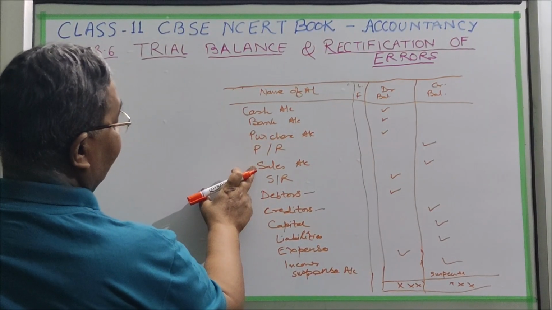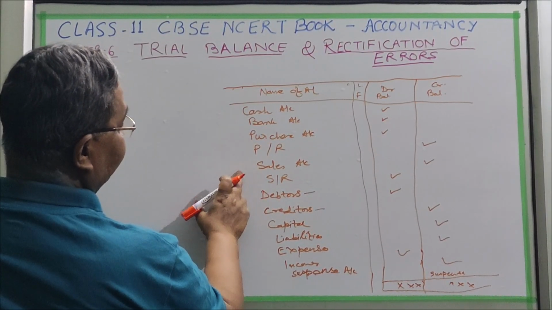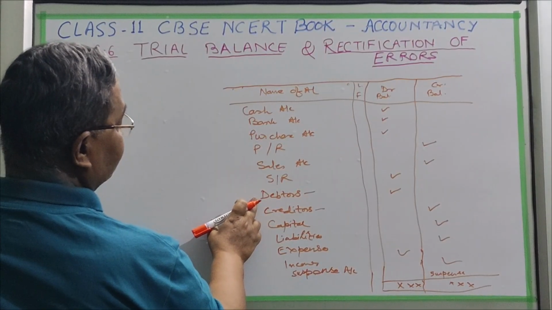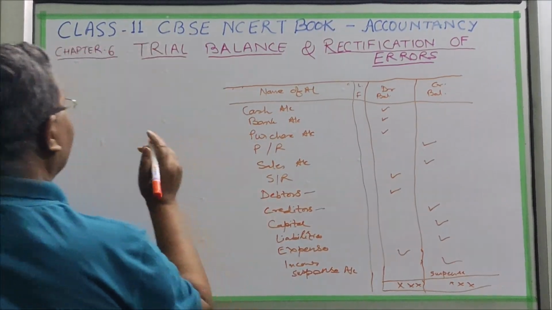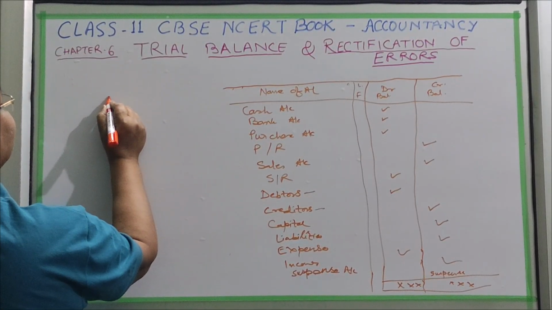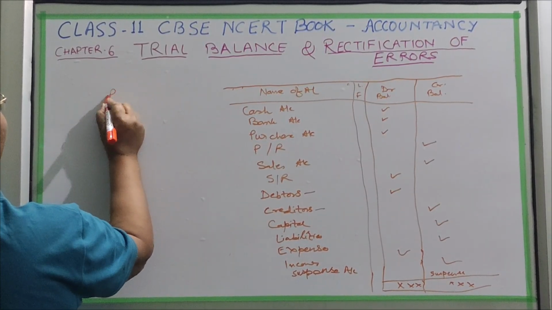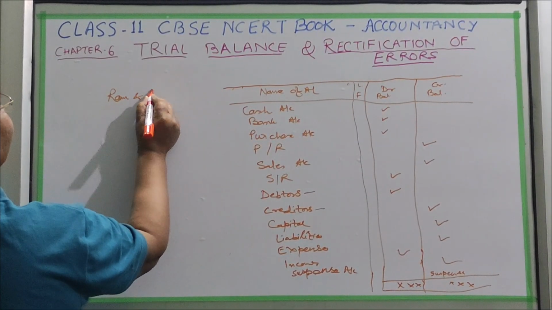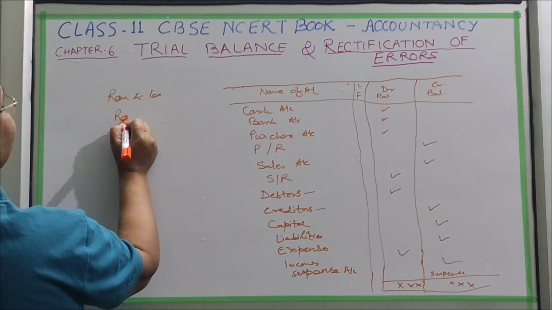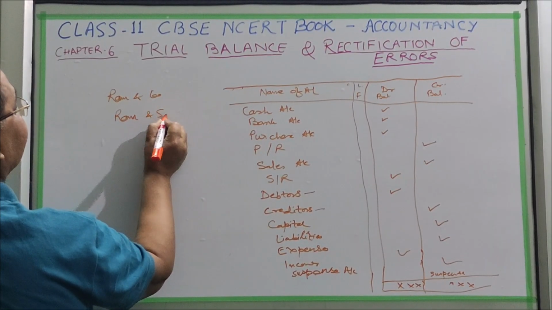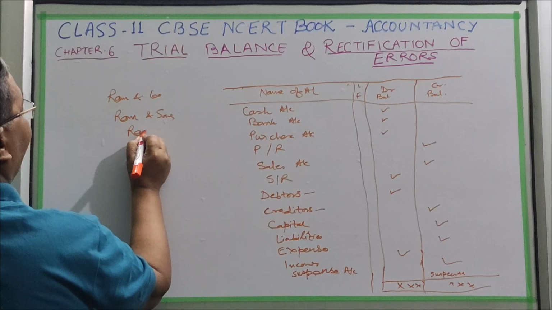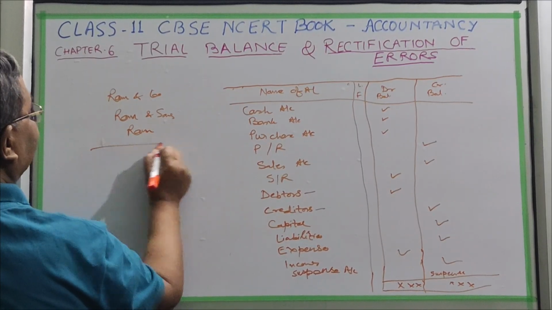Like for sales, credit sales make a posting to debtors account. So all ledgers, personal accounts, Ram and Company, Ram and Sons, Ram, all those personal account ledgers.